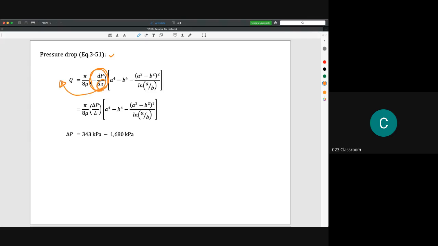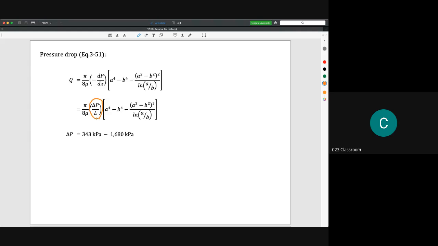But as I said, sometimes to solve a problem, you need to understand the meaning of that term. So in this case, the dp dx is actually showing you the difference of pressure along the x-axis. So we could replace the dp dx with delta p over L here.